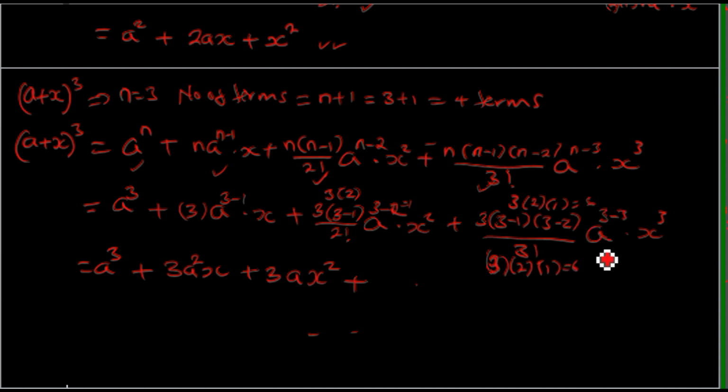Now a is raised to power 0 because 3 minus 3 is 0, so a power 0 is also 1. Now that is multiplied by x power 3. So that is that.